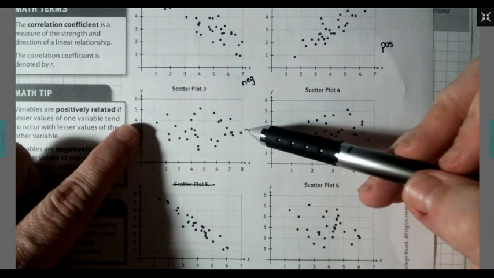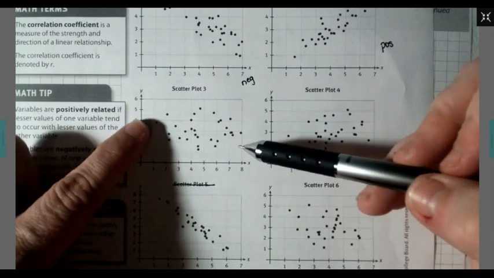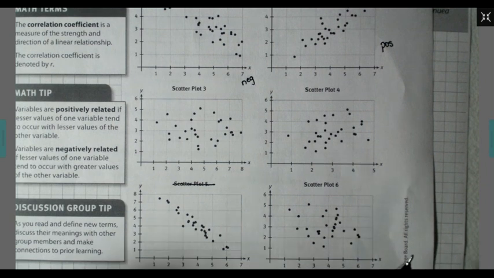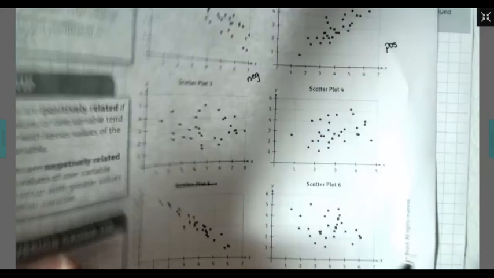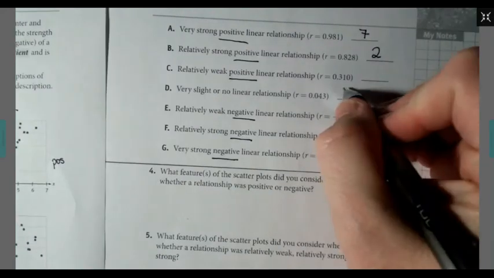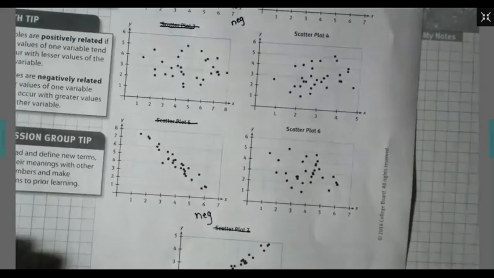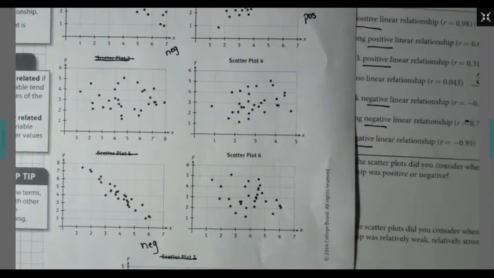And I have some points that are kind of even. So if I had to look at this, I'm not seeing any type of strong negative or positive here. So I would actually say that this is the one that has very slight or no linear data at all. So that would be letter D. I'd call this number 3.